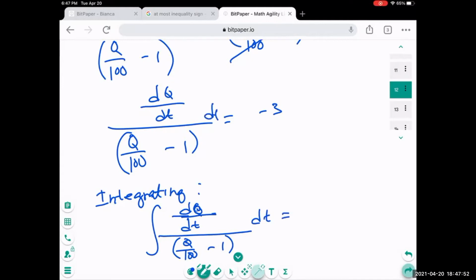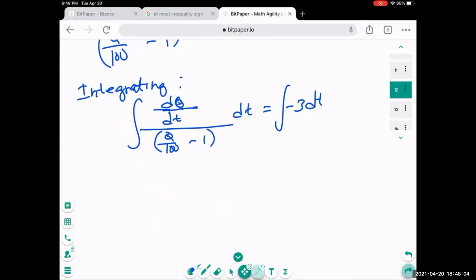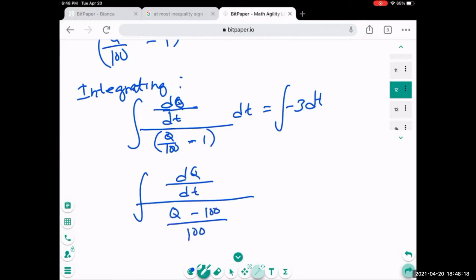And then negative 3 dt. Okay, and then let's get the common denominator, 100, to the quantity below. So dq over dt all over q minus 100 all over 100 dt. So this would still be negative 3 dt.